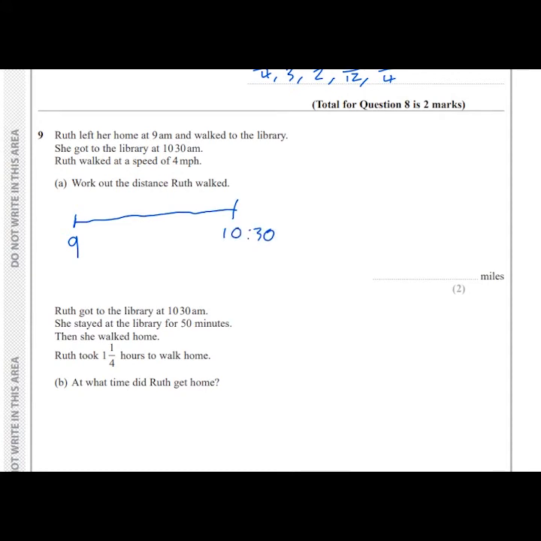At 10:30, she was at the library, and we know that she walks at a speed of 4 miles per hour. So speed is equal to 4 miles per hour, and we can think of this as each hour is 4 miles.